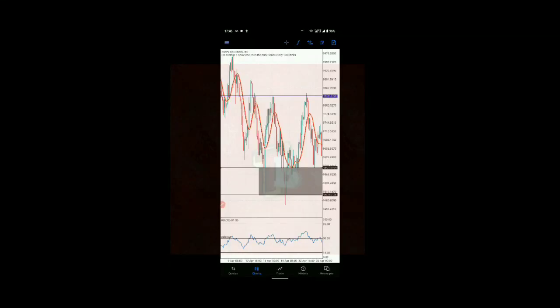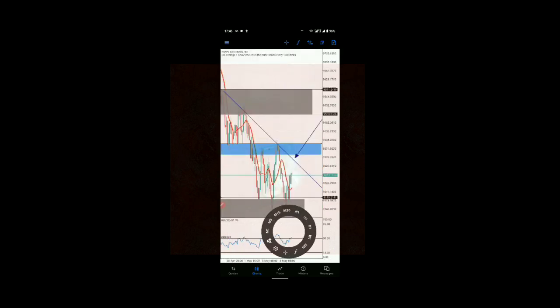Okay, so let's go. The first position that we need to take right here is at this zone, 9381.2.